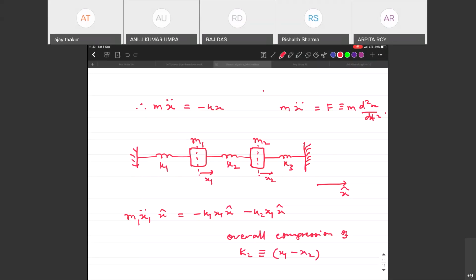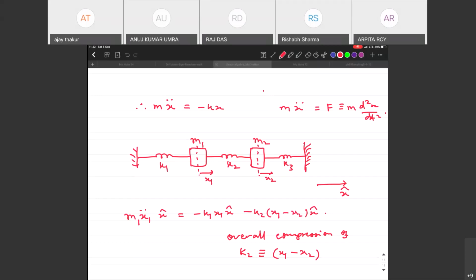So overall compression is only X1 minus X2. So in terms of compression, the restoring force in the negative x cap direction will become K2 times X1 minus X2 of x cap. Fine, that's how we set up the first equation. Is that clear? Yes, sir.